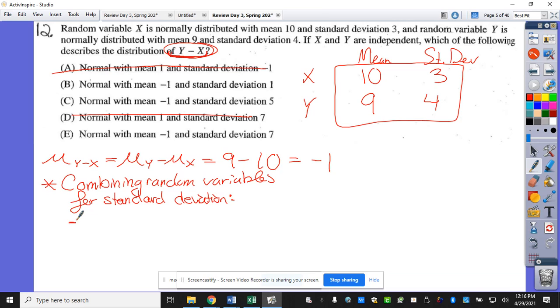One of the rules is what? Combine as variances. And what does it mean to be a variance versus standard deviation? You just square it. What was our other rule?